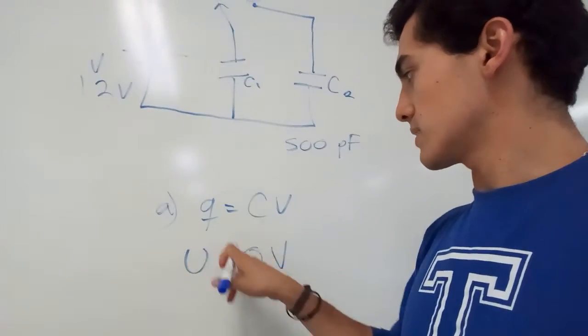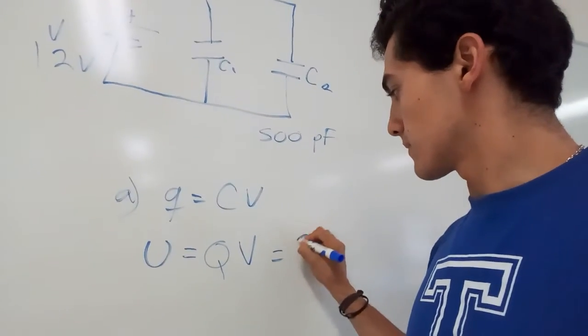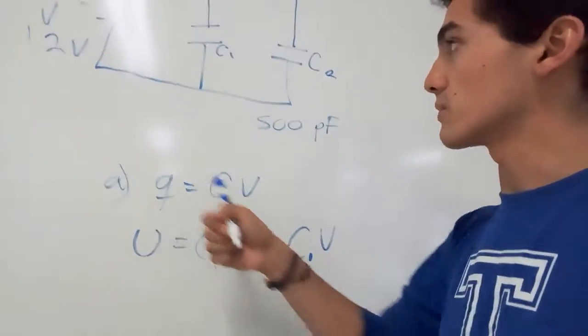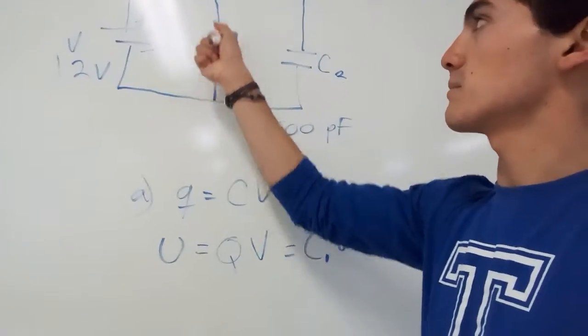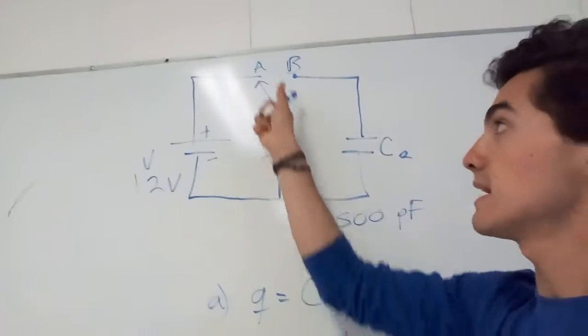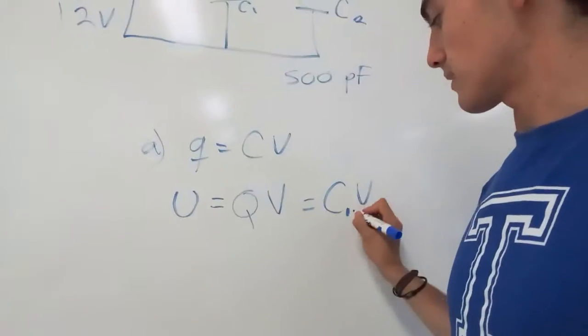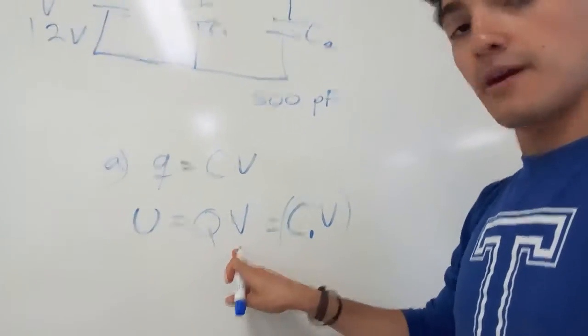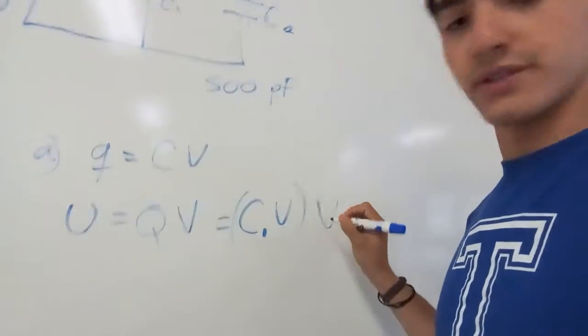So the charge is equal to the capacitance times the voltage, but we are only using the first capacitor because it's closed in A, and this is multiplied by the voltage.